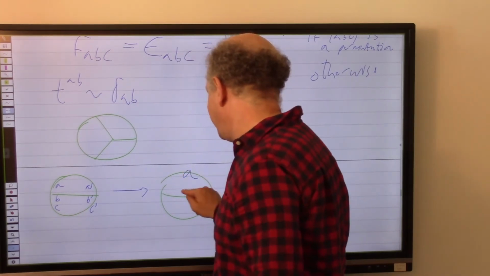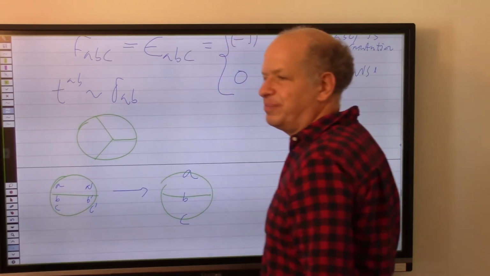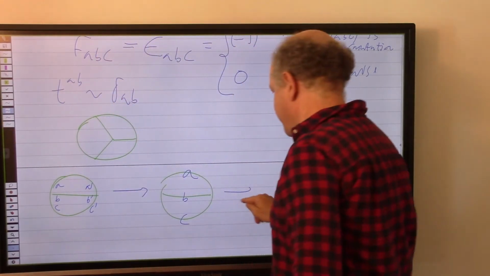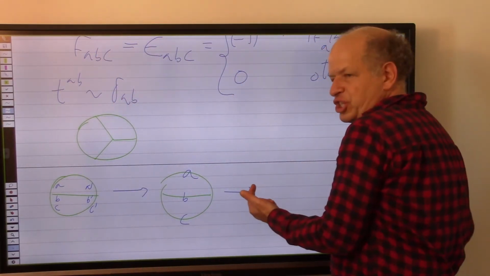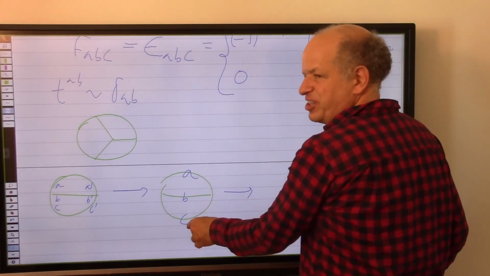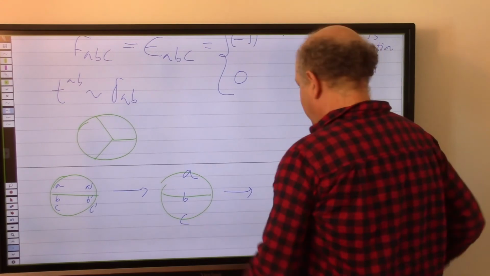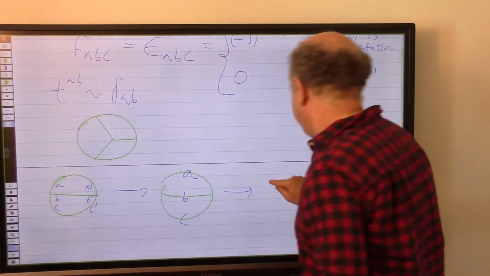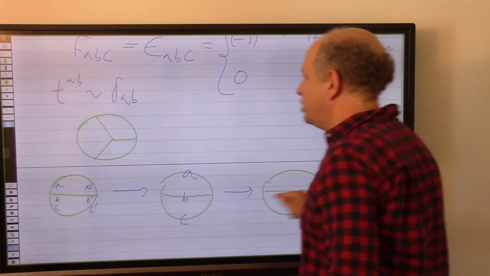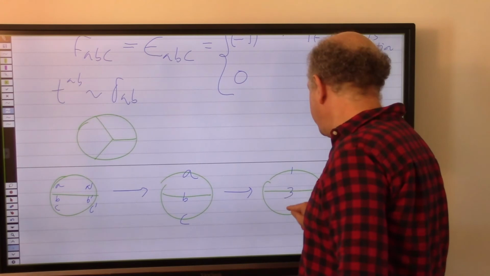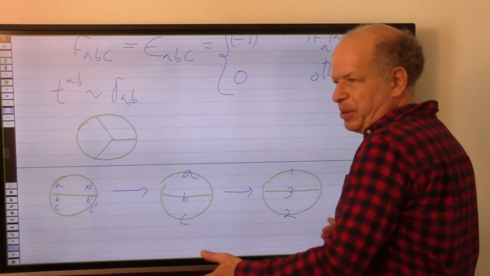This is the edge A, this is B, this is C. Now, I get a contribution only if A is different from B and from C. So basically I get a contribution only if the labeling is 1, 3, 2, or any other permutation.